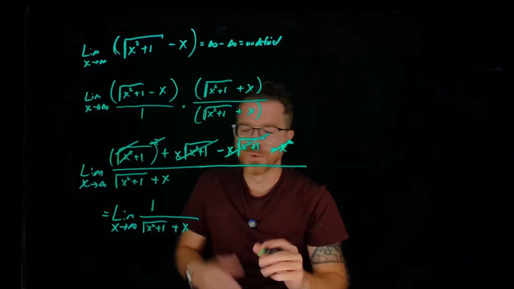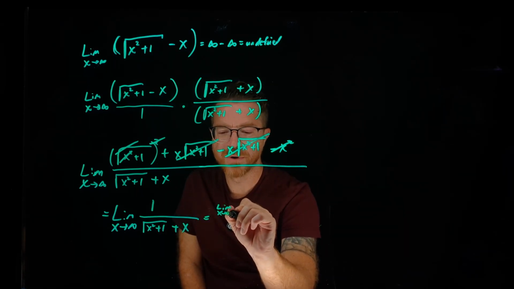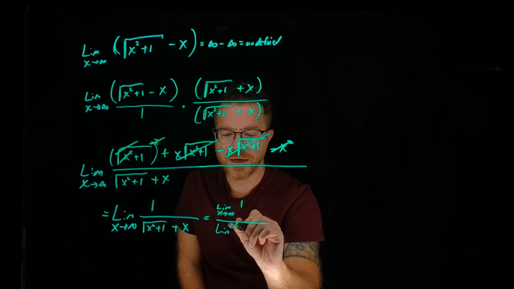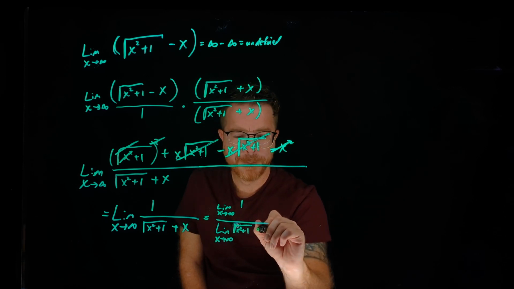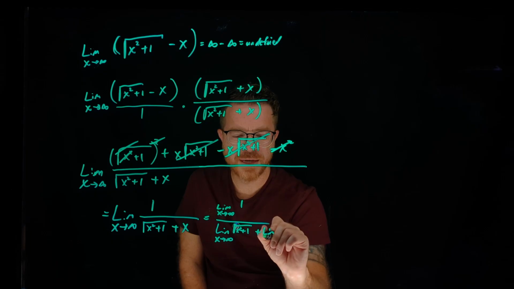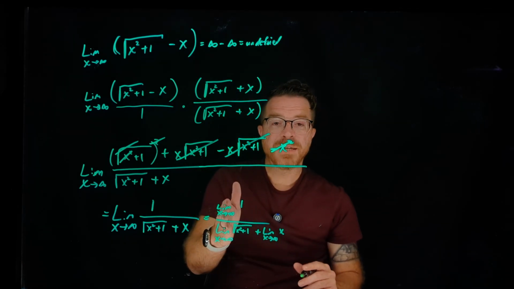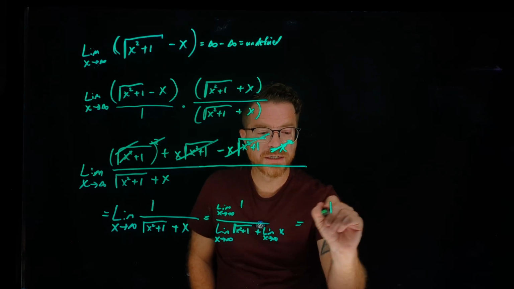And then, of course, using our rules of limits, I could change this to the limit as x approaches infinity of 1 over the limit as x approaches infinity of the square root of x squared plus 1, plus the limit as x approaches infinity of x. So the limit as x approaches infinity of a constant 1 is just the constant 1.